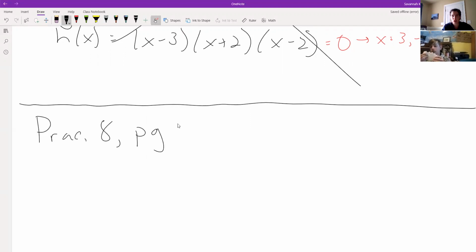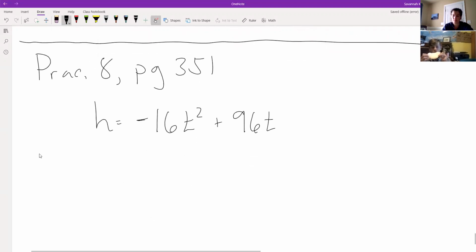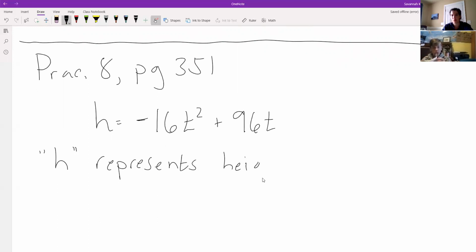do you guys remember, I think it was chapter, wow, I'm not even comfortable saying what chapter it was. Do you remember problems that look like something like this? And they would say that h, I think it was back when we were learning about functions, h represents the height of some object that is maybe launched into the air or dropped from the top of a high building.